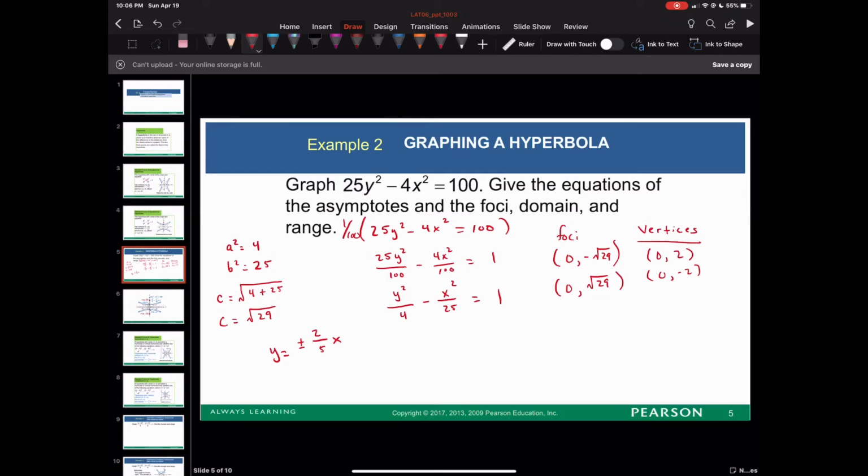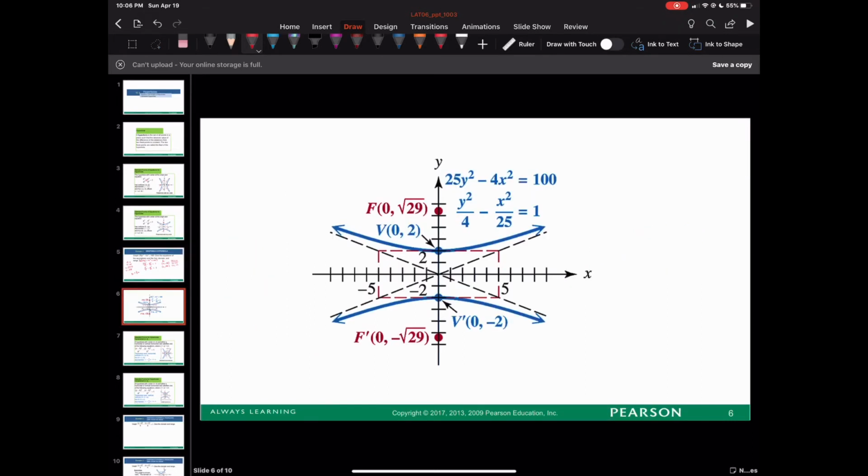So now we have our foci points, our asymptotes, and our vertices. Now we can look at what the graph looks like. For our vertices, we got (0, 2) and (0, negative 2), like we found.